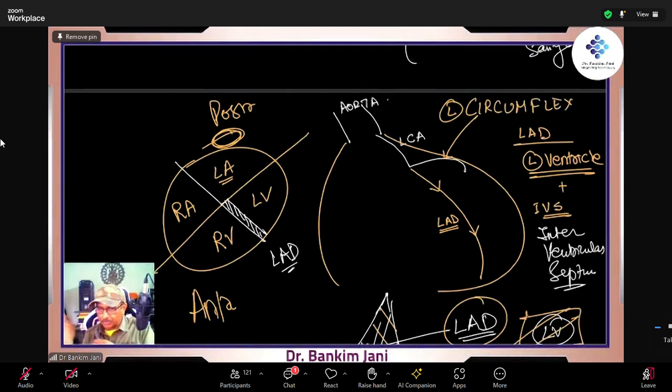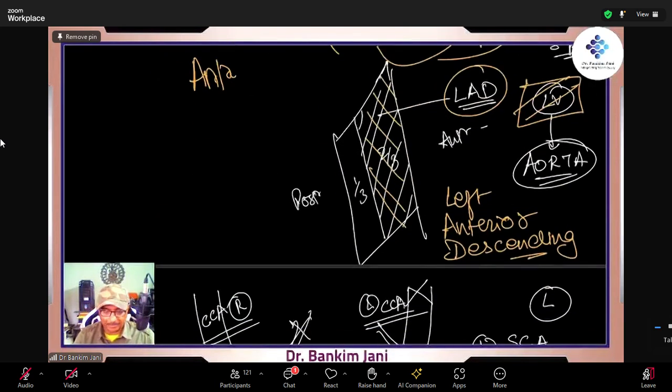Circumflex is something which is winding around. Similarly, there is the right coronary artery over here. But this one is so dangerous that it is called the widowmaker. If anything goes wrong with it, it is very dangerous.